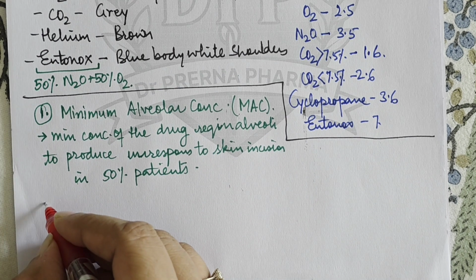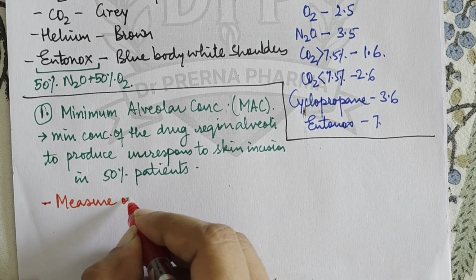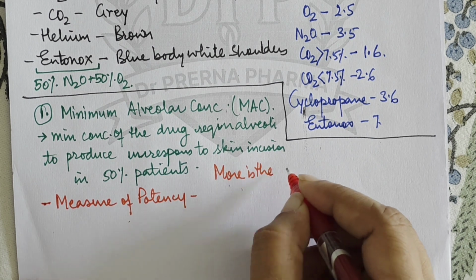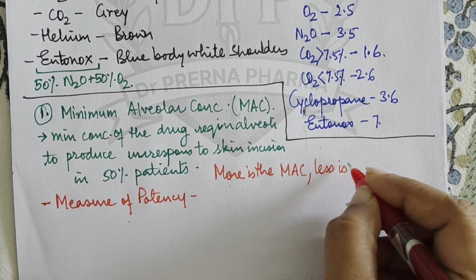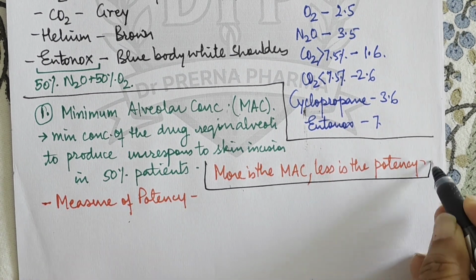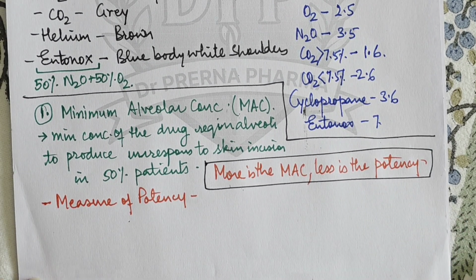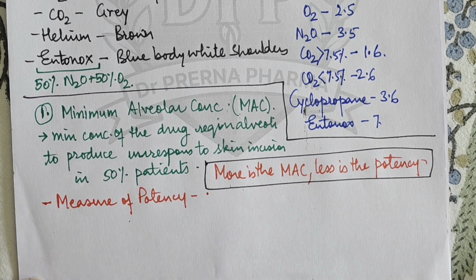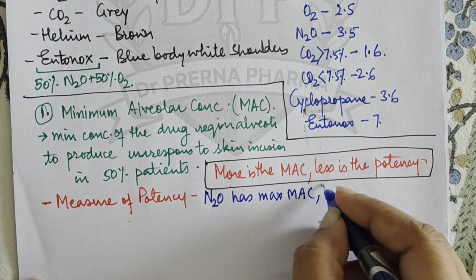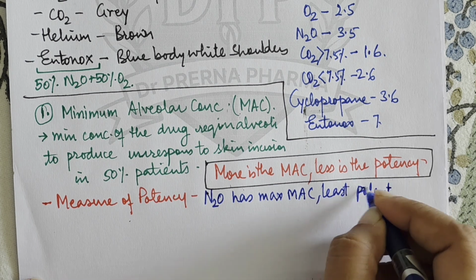Now a very important fundamental is that it is the measure of potency. So the more the MAC, the less the potency. Please remember this. If the concentration required to produce a 50% response is more, then that means the potency is less. So it is seen that N2O has the maximum MAC, so it is the least potent, right?